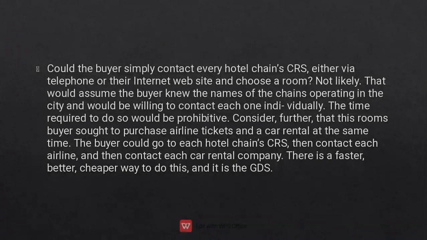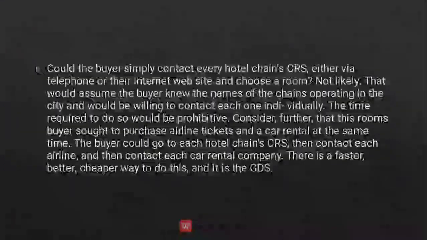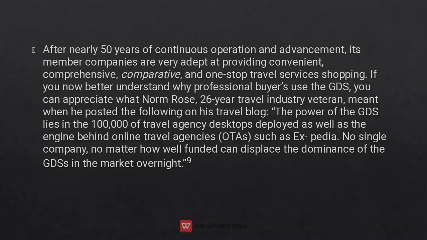So as you can see, instead of contacting each of the hotel chain CRSs, it is better and more practical to go through the GDS. After nearly 50 years of continuous operation and advancement, its member companies are very adept at providing convenient, comprehensive, comparative, one-step travel services shopping.